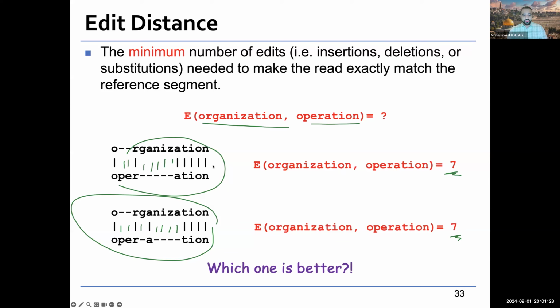So which one to consider? Should we consider this one or that one, right? That's a very important question. If we end up having two solutions to the same question, what should we do? In this case, it's better to use what we call sequence alignment.